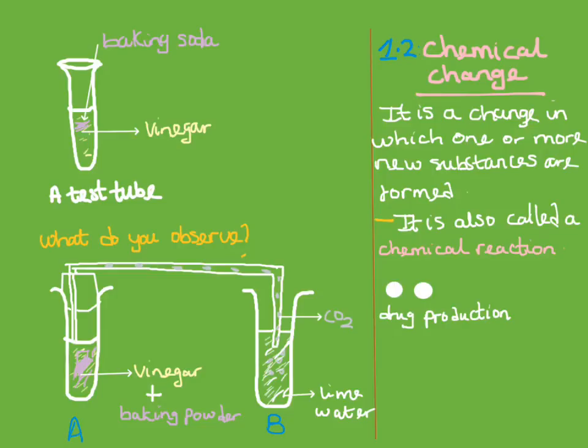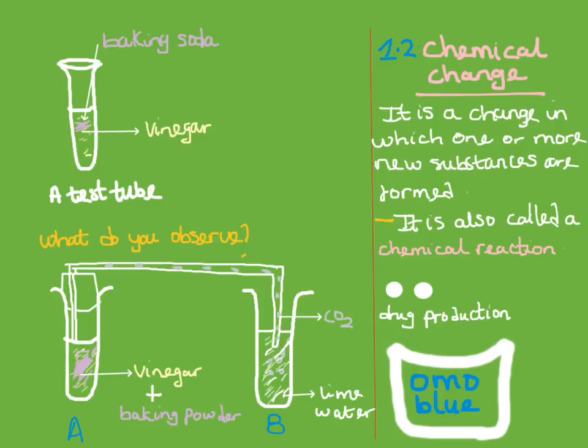Useful materials such as a plastic bottle, detergents such as Omo Blue are produced by chemical reactions. Indeed, every new material is discovered by studying chemical changes.